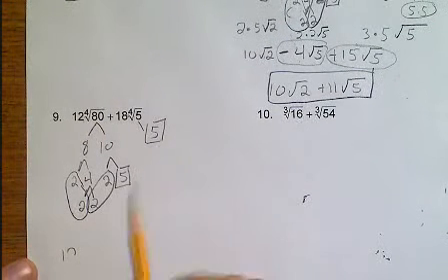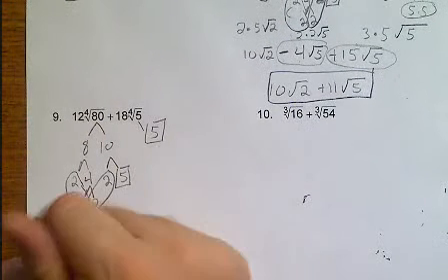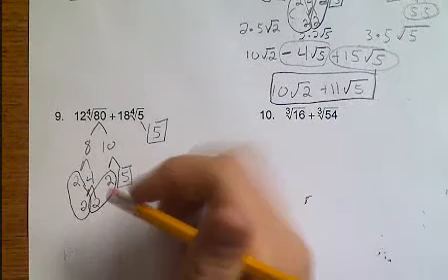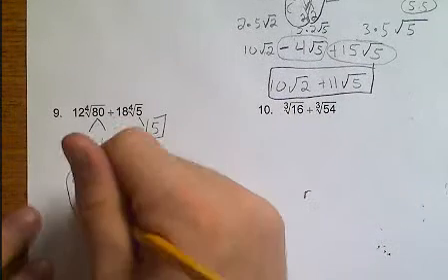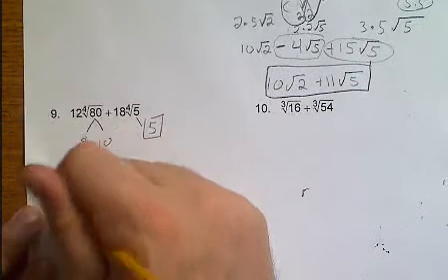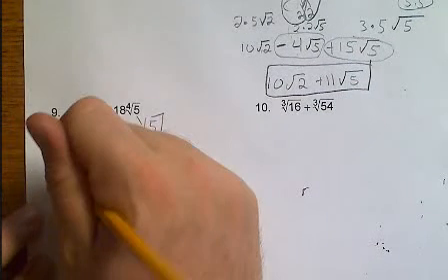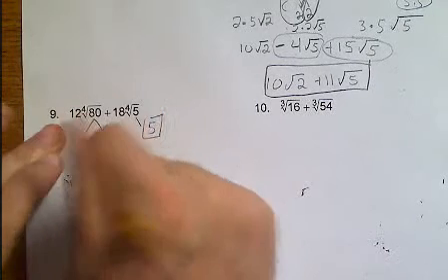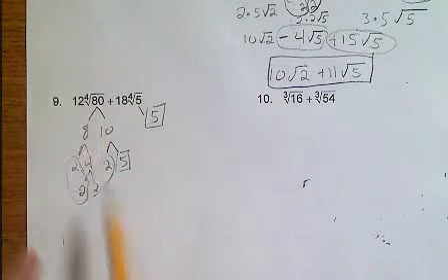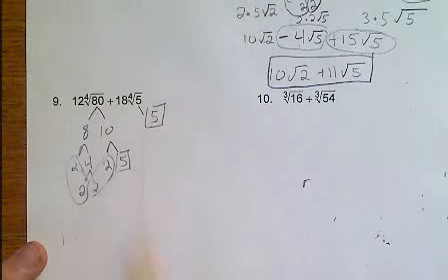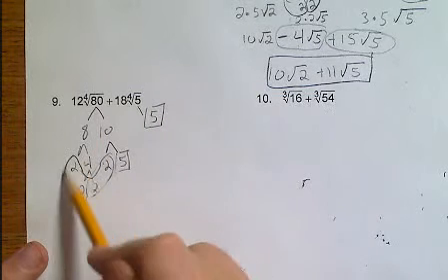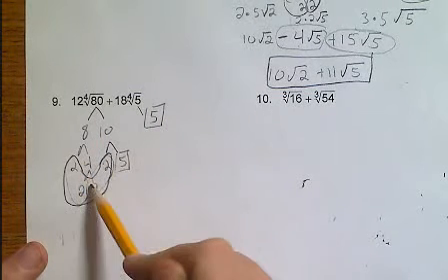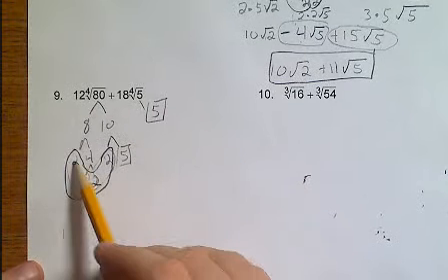Oh, hold up. I almost made a big mistake. This is index of 4, so we're not looking for groups of 2. We're looking for a group of 4. Well, there happen to be 4 2's.